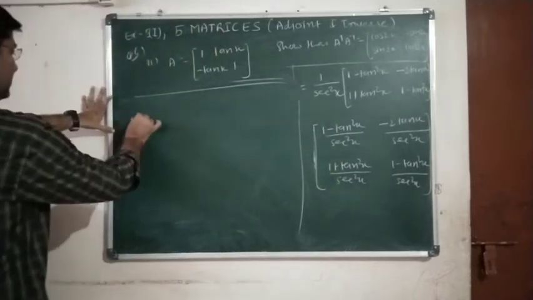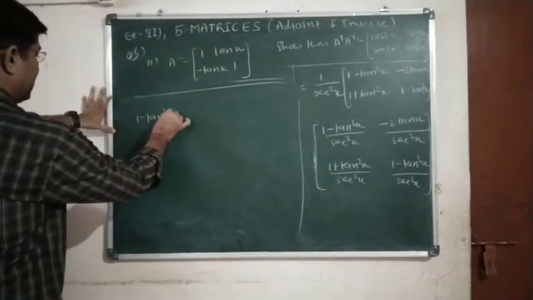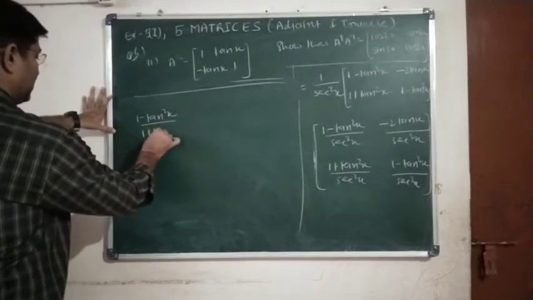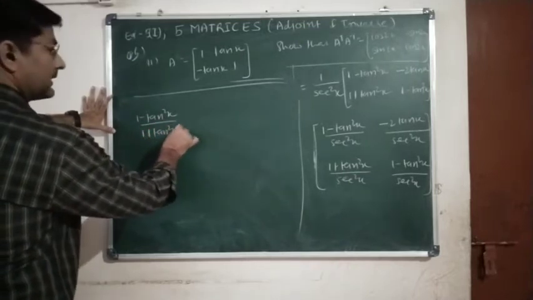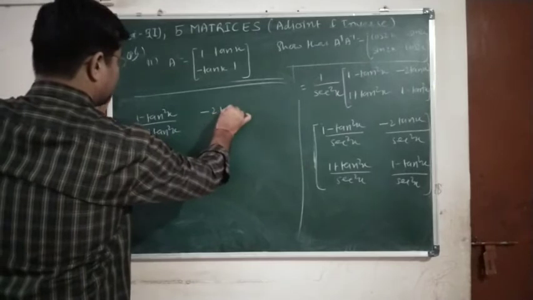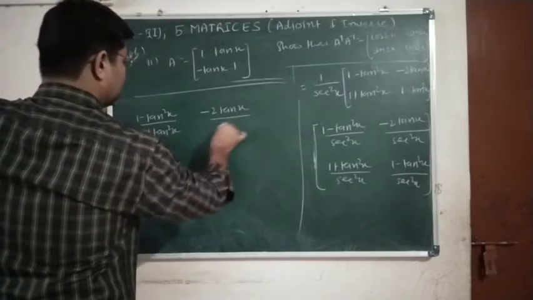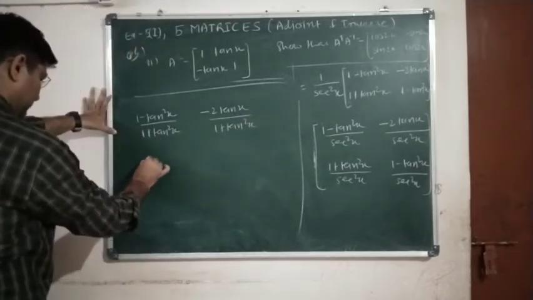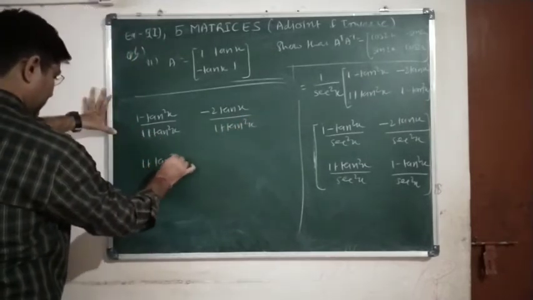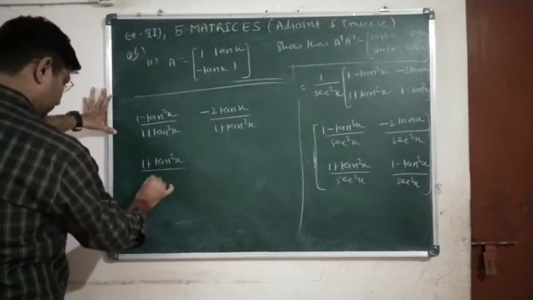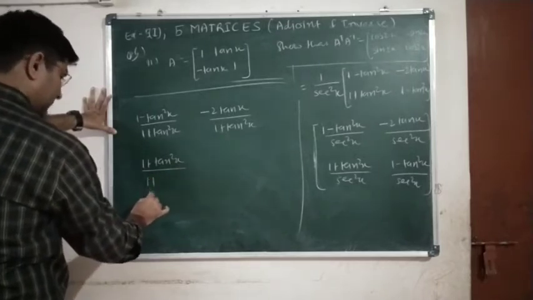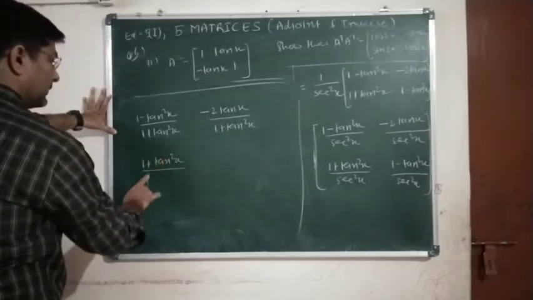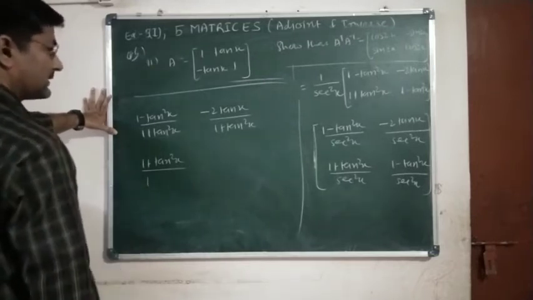Okay, so 1 minus tan square x upon 1 plus tan square x minus 2 tan x upon 1 plus tan square x. 1 plus tan square x is sec square x.